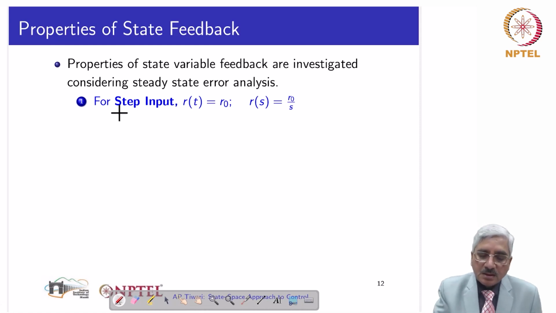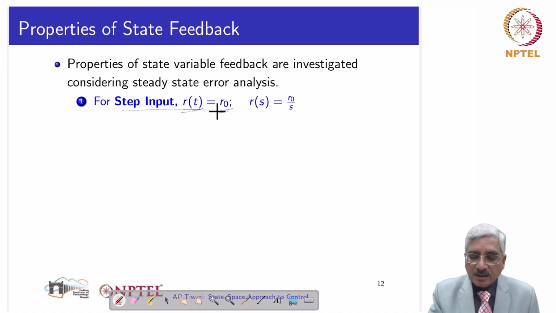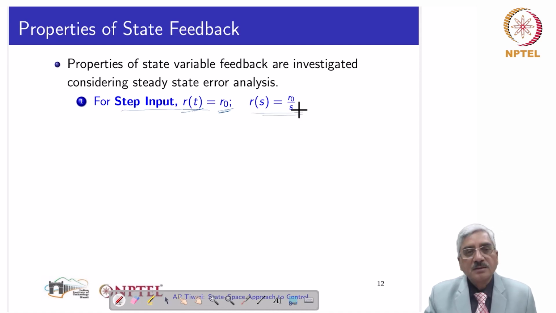First we consider the step input. Here r(t) will be R0. The input to the system will be R0, which is for t greater than 0 it is R0, and for t equal to 0 and before that it is 0. And its Laplace transform is of course R0 by s.